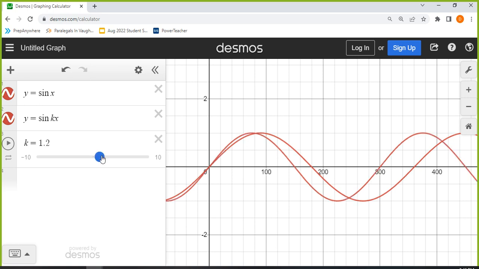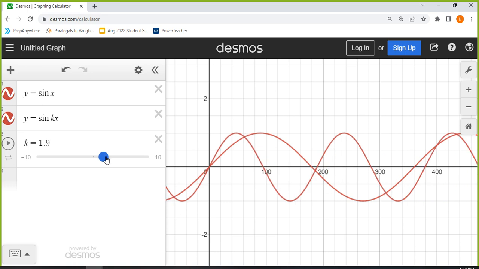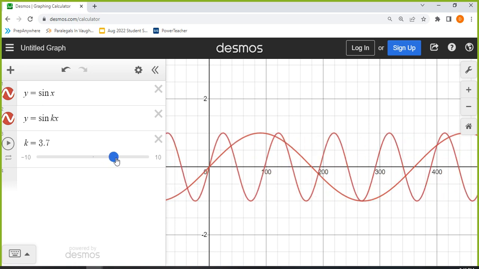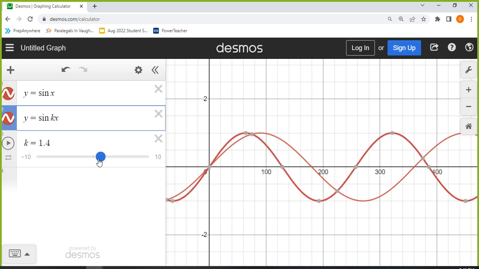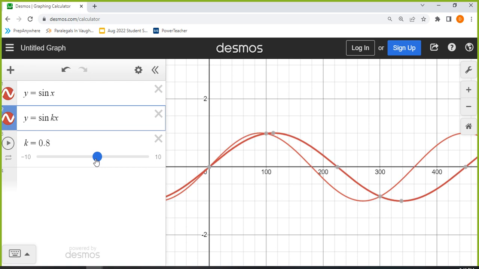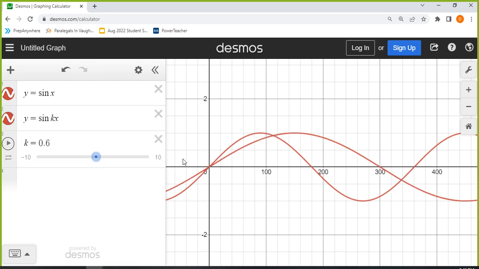But when we start increasing that value of k, the frequency of the graph increases, right? So something like k equals 4, all of a sudden one complete cycle happens a lot sooner at 90 degrees. So the period shortens. And if we make our k value some number between 0 and 1, we can see that the period lengthens. So if we expand the graph horizontally or stretch it horizontally, our period's going to increase.